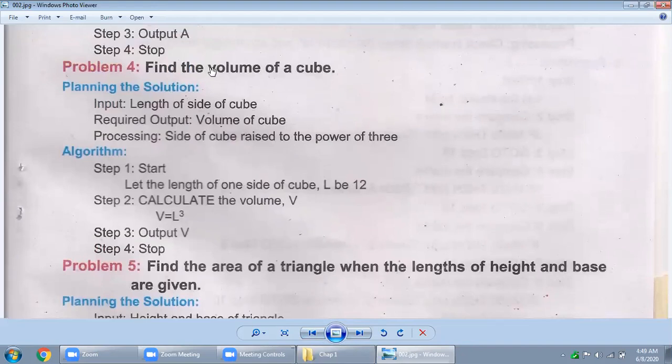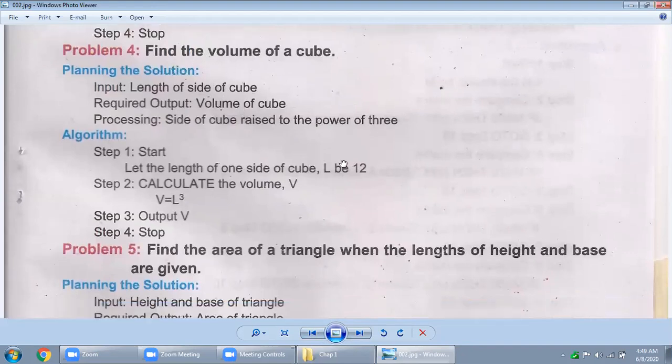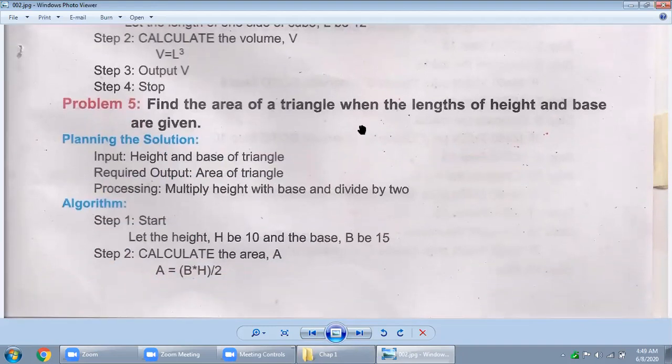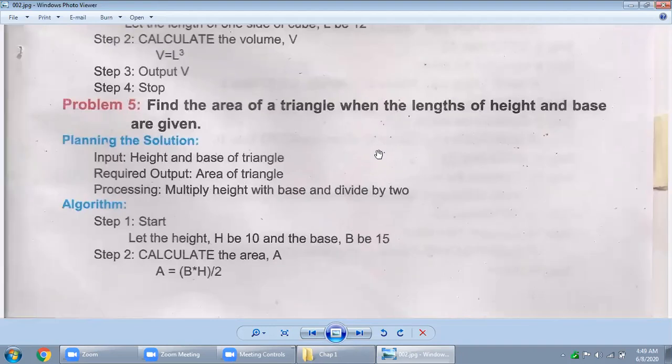In the previous lecture, we stopped over here. Problem number 4, find the volume of a cube. Today, our lecture is about the algorithm to find the area of a triangle when the lengths of height and base are given. If you have the height and the base, then you can find the area of the triangle.